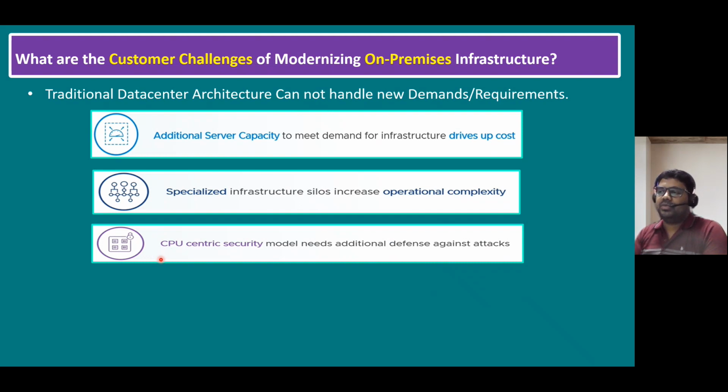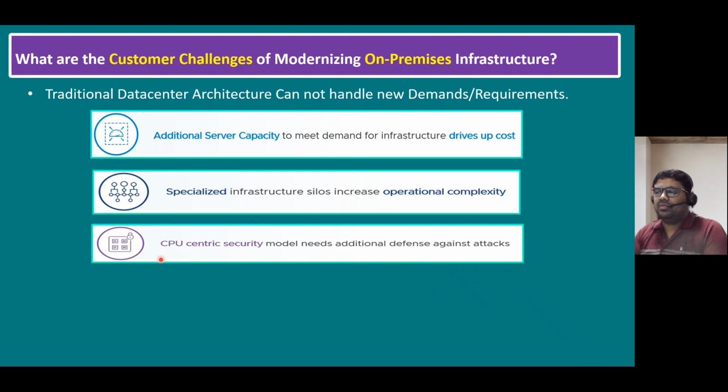But when it comes to the CPU, our motherboard comes with a minimum of two physical processors, with additional capacity like two-socket processors with 32 cores, 64 cores, and so on. But when you need additional CPU capacity, definitely there will be a challenge. In addition to that, our CPU consumption is always highly utilized.